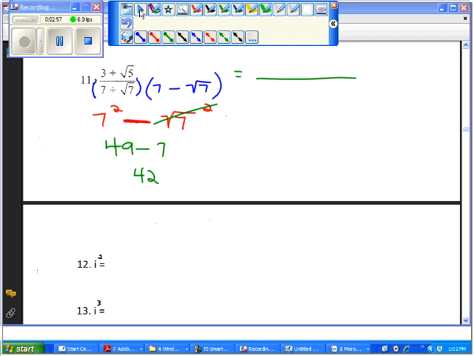So by multiplying by the binomial conjugate, we rationalized the denominator. We got the radical off of it. Got rid of the square root. Okay? Understand that? Now, whatever you do to the denominator to rationalize it, you must also do to the numerator to keep your fraction equivalent to what it was to begin with.